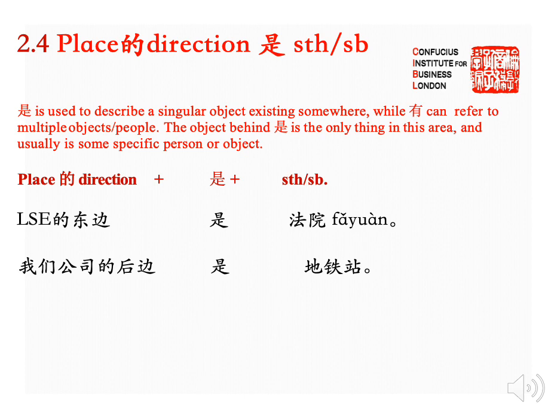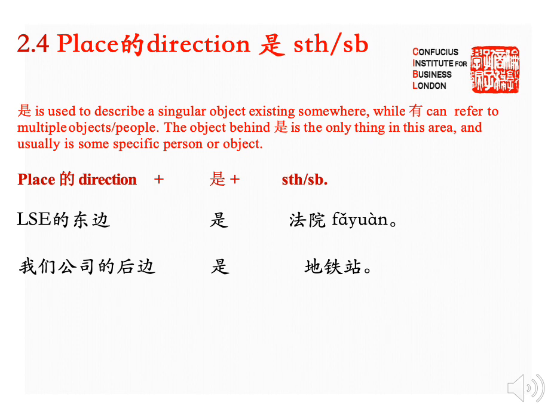So the object behind 是 is the only thing in this area, and usually is some specific person or object. So we can say LSE 的东边是法院 The east of LSE is court.